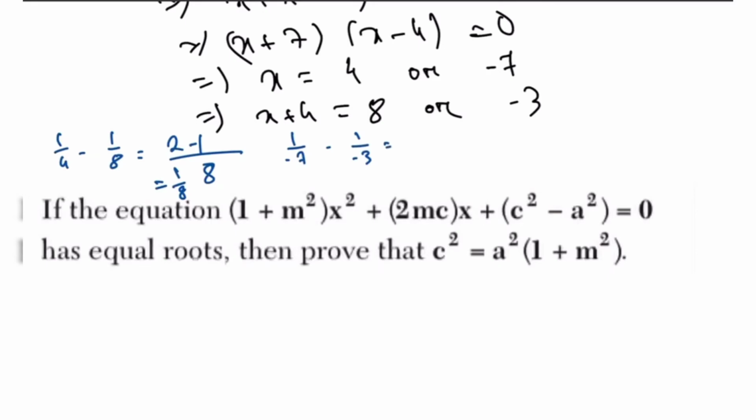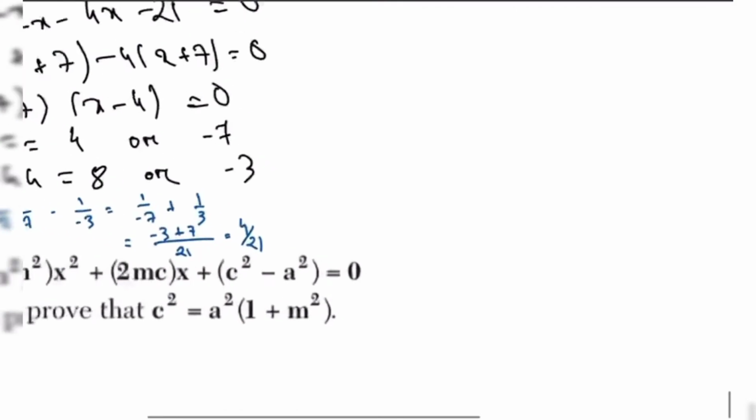So this is 1 by minus 7 plus 1 by 3. Let us take 21. So this is minus 3 plus 7, that is 4 by 21. Right? So x equal to 4 does not satisfy. x equal to minus 7 does satisfy. Therefore, what do we want?